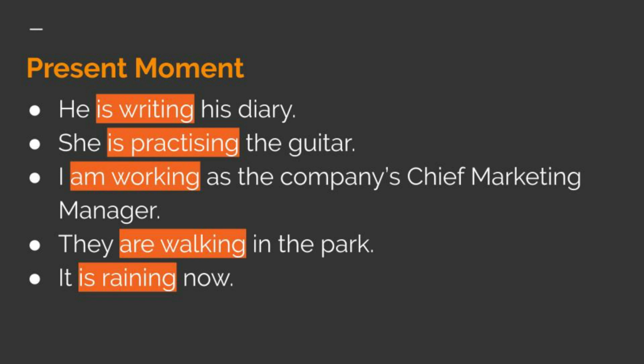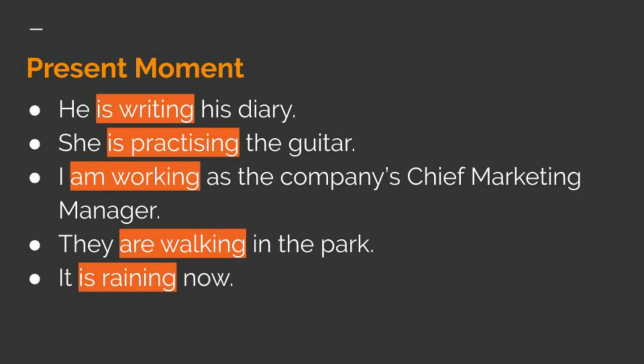So the singular nouns take is along with the ing form of the verb in present continuous form. He, she, it, and other singular nouns. I takes am always, okay? I takes am. We, they, you take are. They and we are plural, and so they take are.